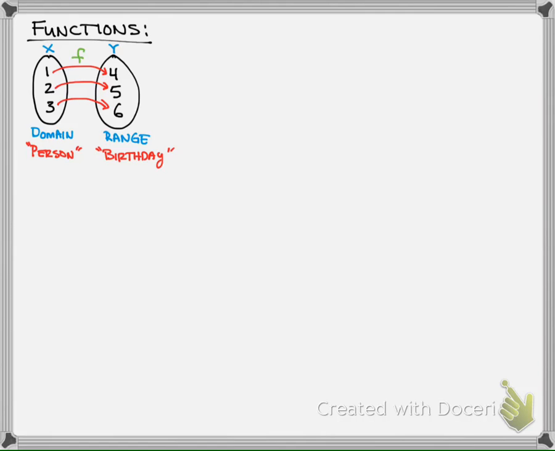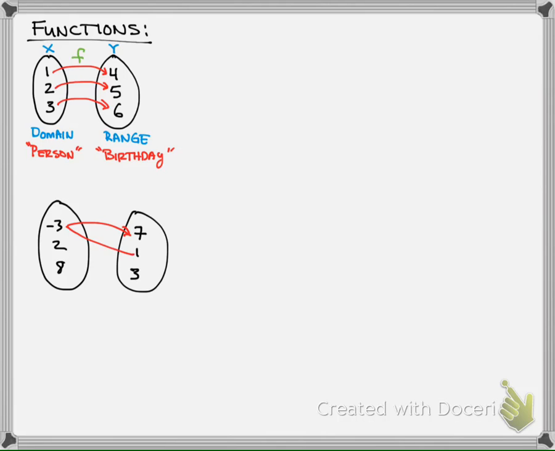Let's look at a counter example. Let's say I gave you -3, 2, and 8, and over here let's get 7, 1, and 3. In this one, let's say that we have a mapping that goes here, here, here, and here. Again, we still have the person and their birthday, or the x and y values.